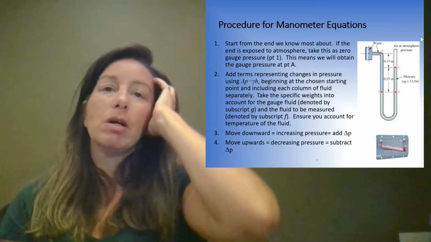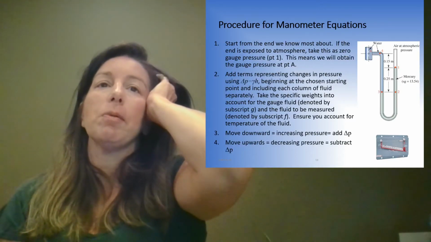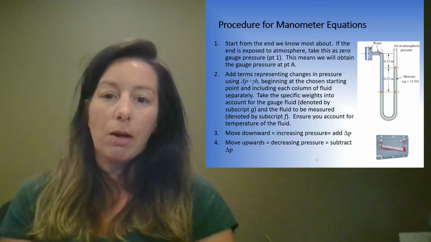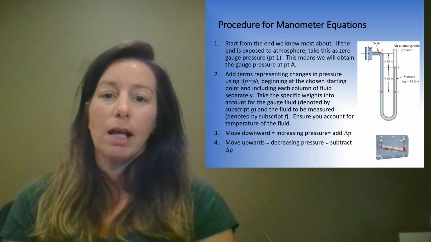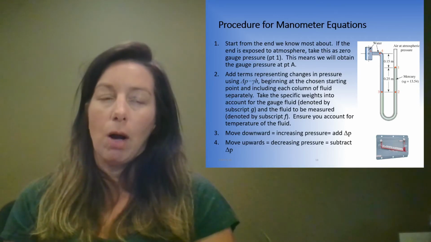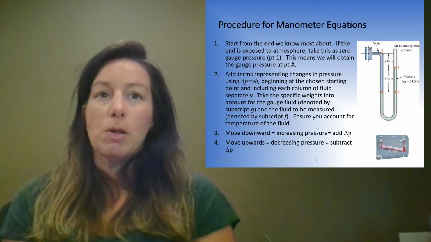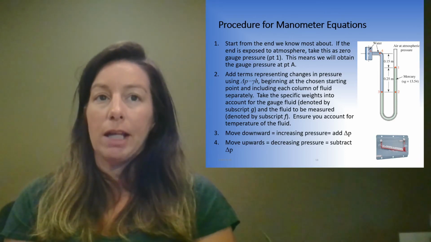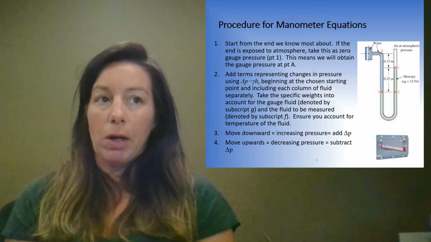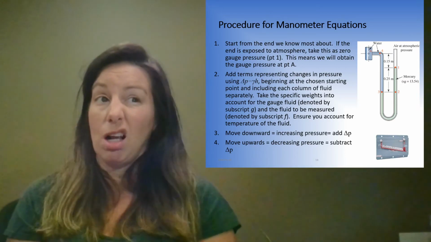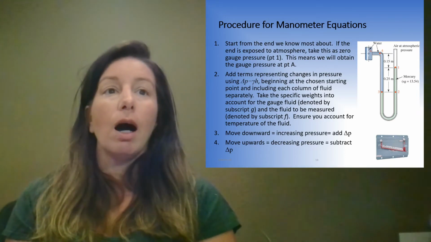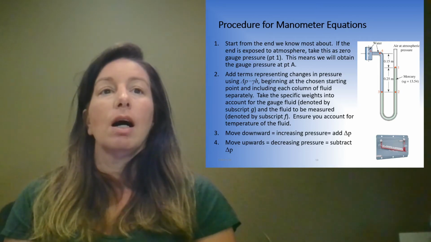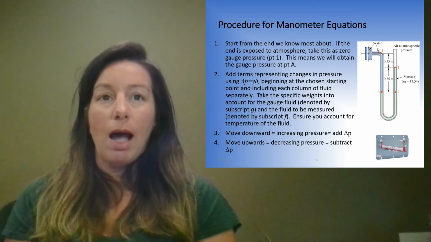So what do we have? Cookbook method for manometer equations. You start at the end that you know most about. I mean, why not? If the end is exposed to atmosphere, you take this at 0 gauge pressure, or atmospheric pressure. So in this case, you'd start at point 1 because it's exposed to the atmosphere.